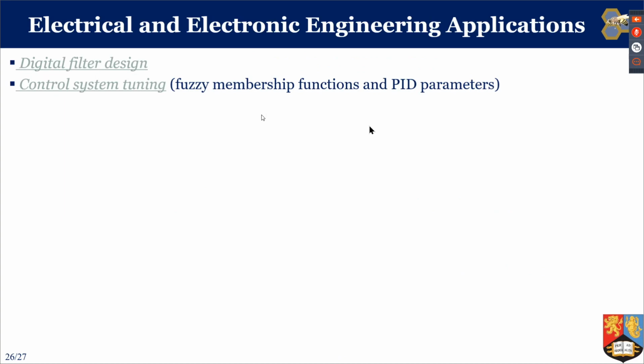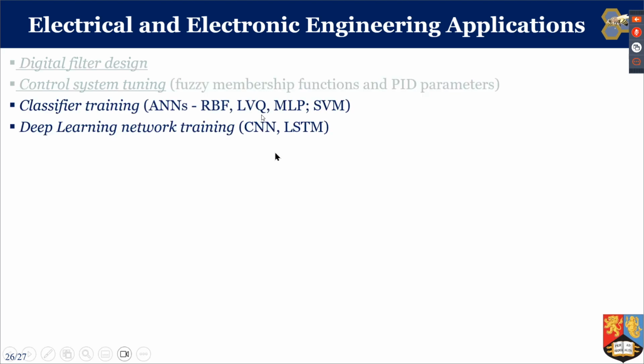Okay, so now we have seen a couple of applications. There are other applications of the Bees algorithm which are more generic. The Bees algorithm has been used to train artificial neural networks to perform classification tasks in electrical engineering and electronic engineering.